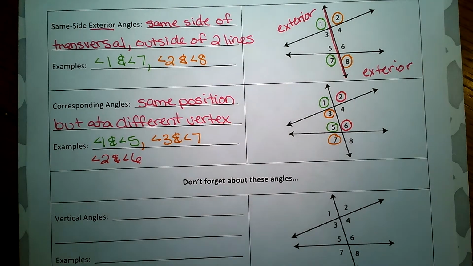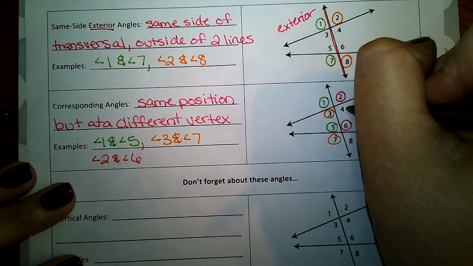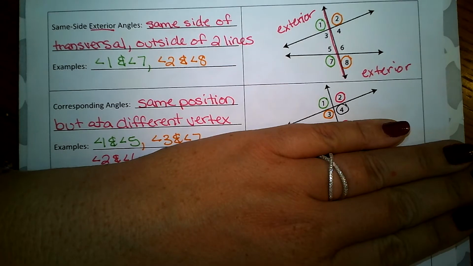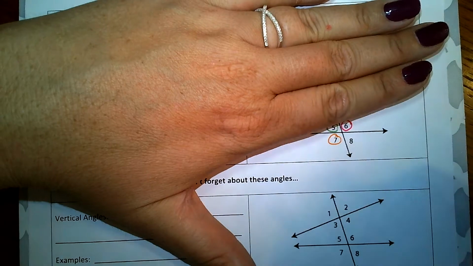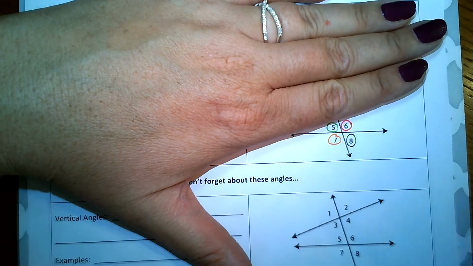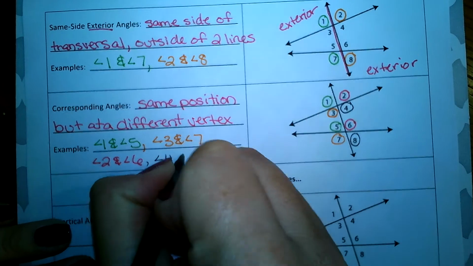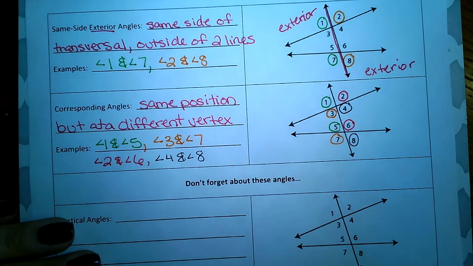And then we have one more corresponding set. We've got angle 4, which I would consider in the bottom right of its intersection, as a match to angle 8, which is in the bottom right of its intersection. So angle 4 and angle 8 are a corresponding set.